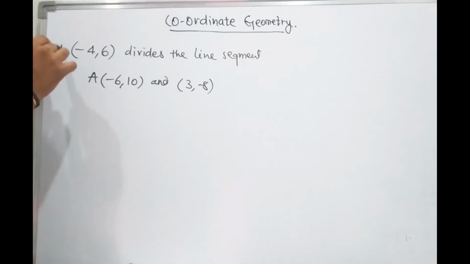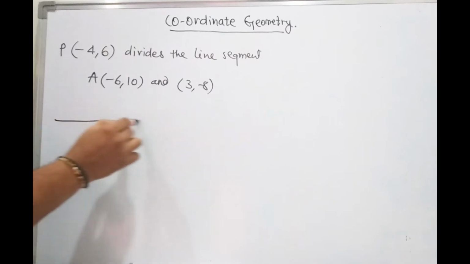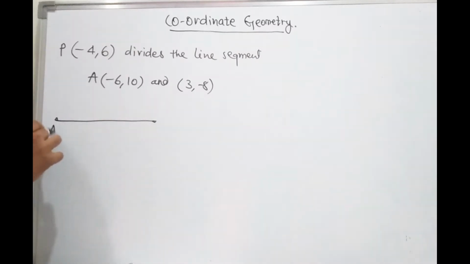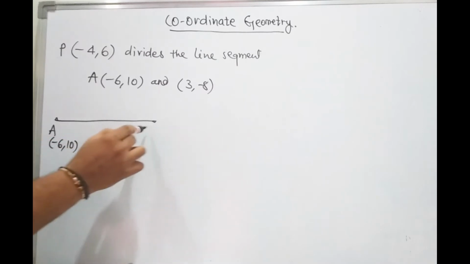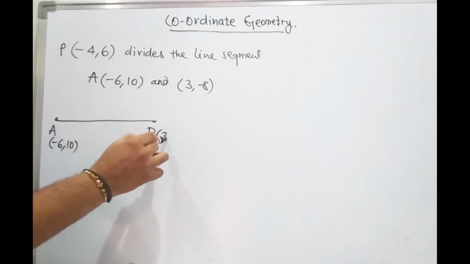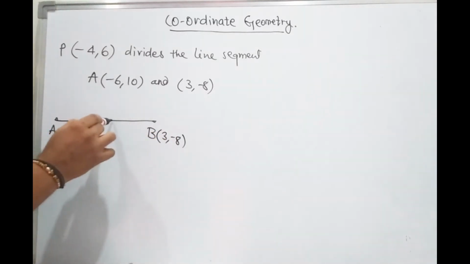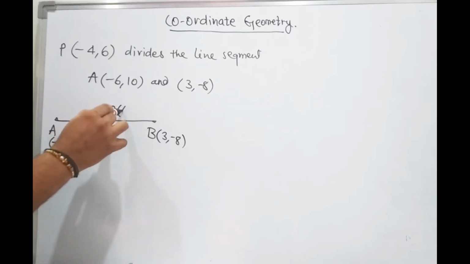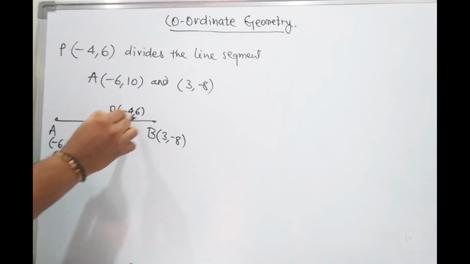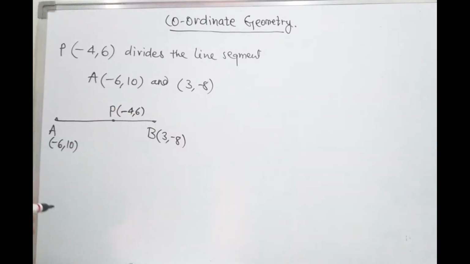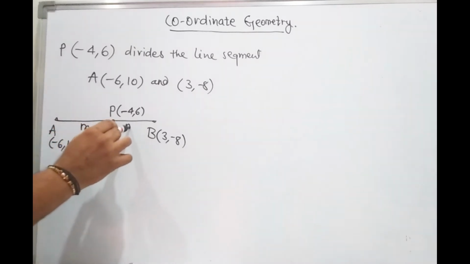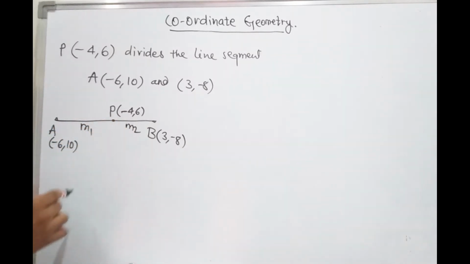Now let us denote this point -4, 6 as P. So I will draw here. A is having the coordinates as -6, 10 and B is having the coordinates as 3, -8 and P is having the coordinates as -4, 6. Now we need to find the ratio m1 is to m2.